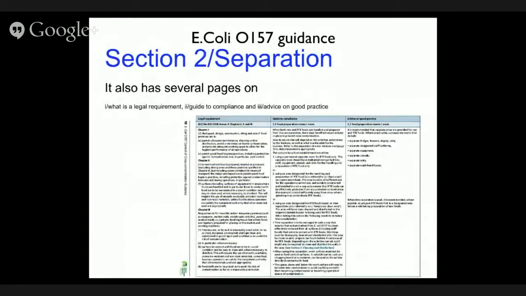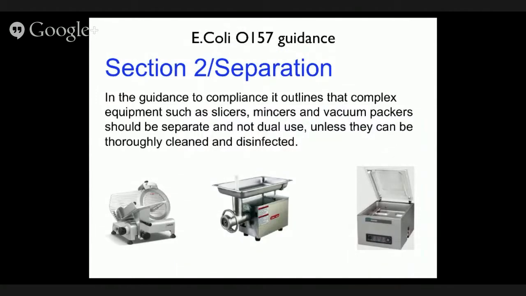These are very, very useful, so you know what is a legal requirement and what you should be doing to comply with the law. In the guidance to compliance, it also outlines that complex equipment such as slicers, mincers, and vacuum packers should be separate and not dual use, i.e. raw and cooked, unless they can be thoroughly cleaned and disinfected.